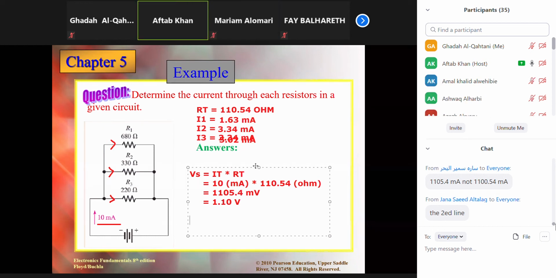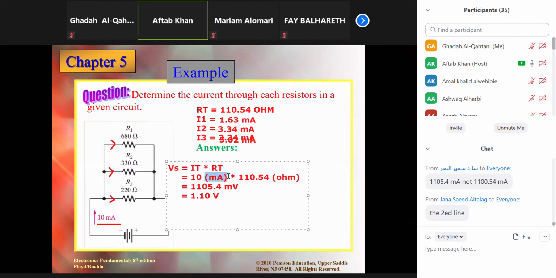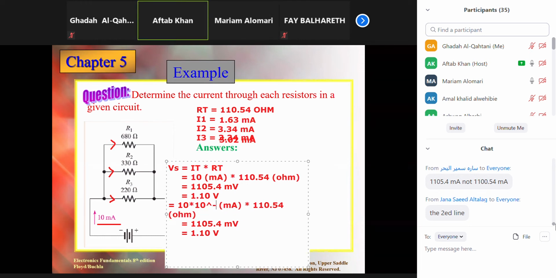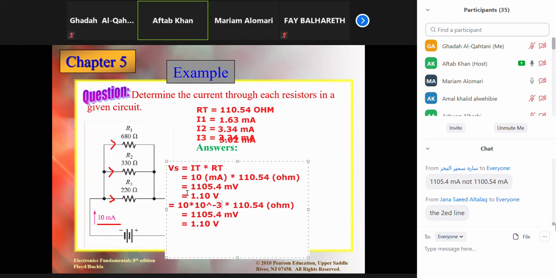And see, this is so simple. You need to practice this, milliamps or amps. So it's up to you. If you want to convert, if you want to write, see, what you are actually doing is just using the calculator. Rather than writing this one, you just put 10 multiplied by something like that. What is that? Multiply by 10's power, minus, you know, minus 3. I know this is because you just think that way. You want the calculator to give you everything. So the calculator will give you the multiplication or division unit.